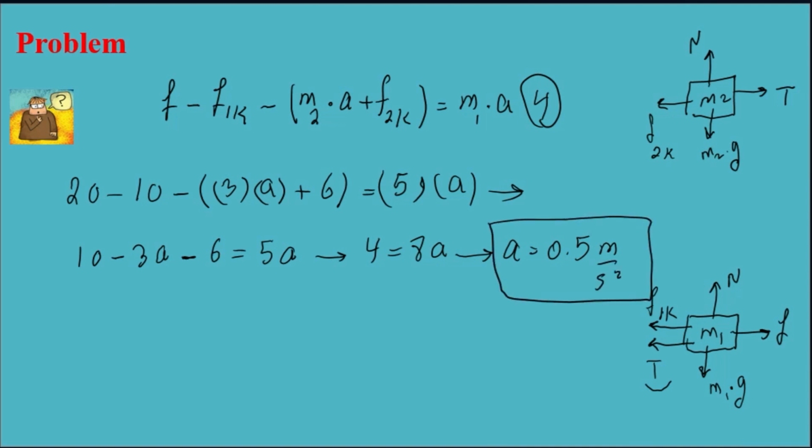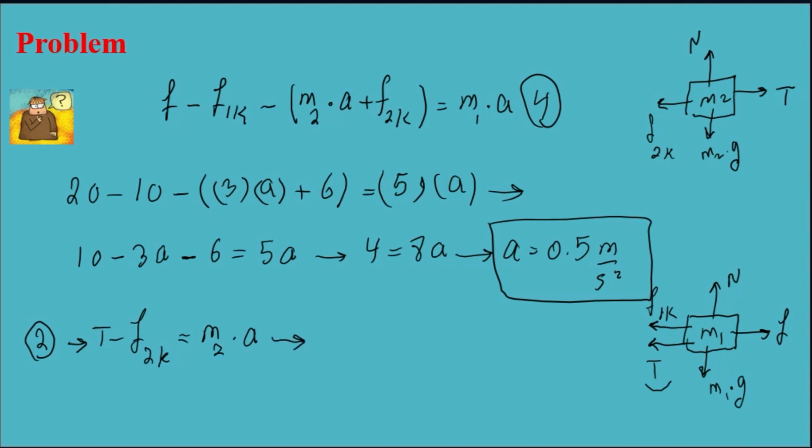Now I have the acceleration, I can find the tension. I'm going to substitute this in equation 2. In equation 2, what I had is T minus F2K equal to M2A, right? I just rewrite equation 2 here.